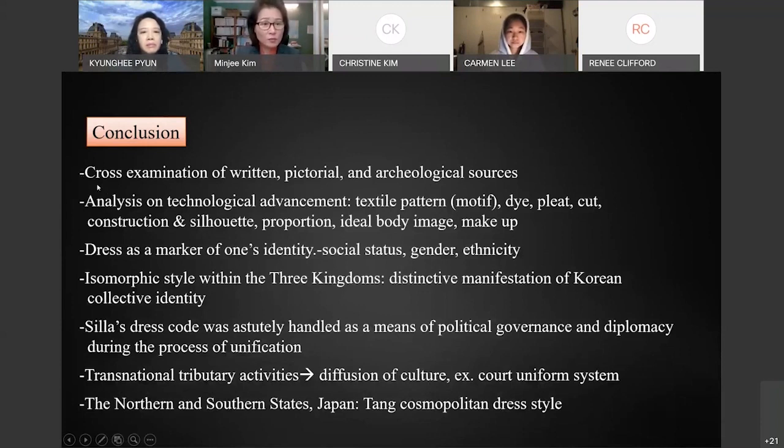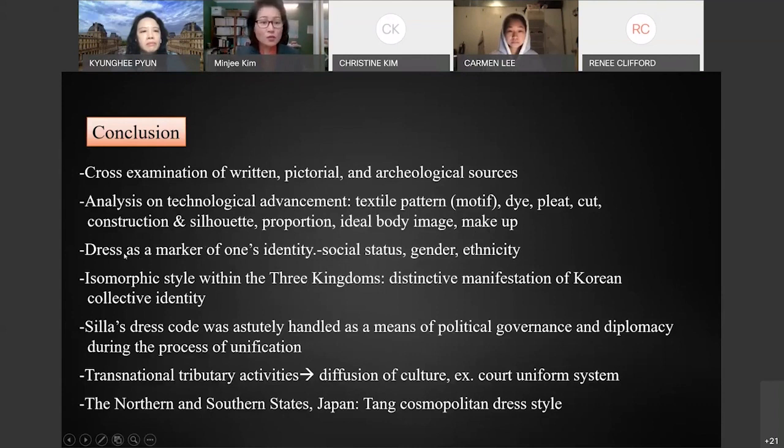And if I recapitulate, the cross-examination of written sources, pictorial sources, and archaeological sources is needed. All the primary sources need to be studied together, and analysis on technological advancement, textile pattern, dye technique, pleating, cut, construction, silhouette, proportion, and ideal body image and makeup also should be analyzed from the primary sources.